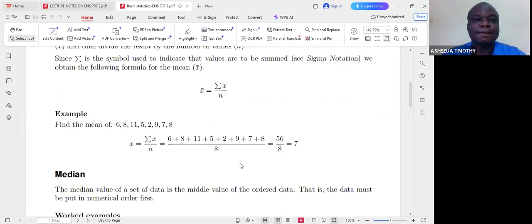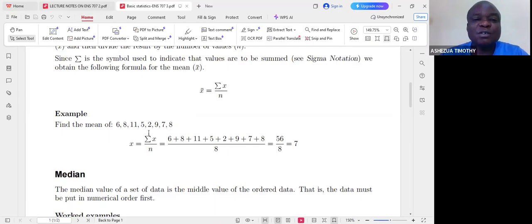Let's take an example quickly. You're required to find the mean of 6, 8, 11, 5, 2, 9, 7, 8. Altogether, we have 1, 2, 3, 4, 5, 6, 7, 8. We have 8 values in this distribution. So the mean will be adding all these values up, we divide by n. In this case, you don't need to arrange it in an ascending or descending order.